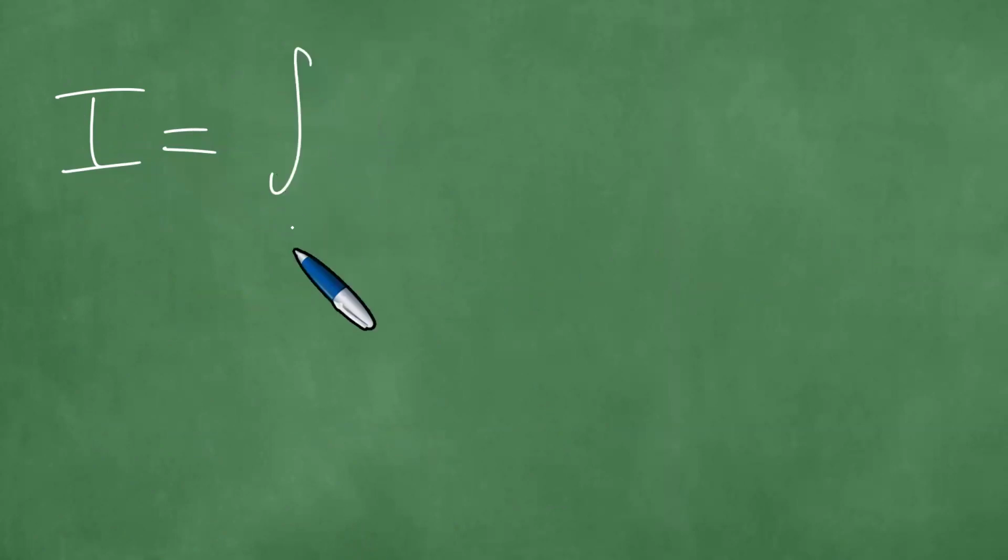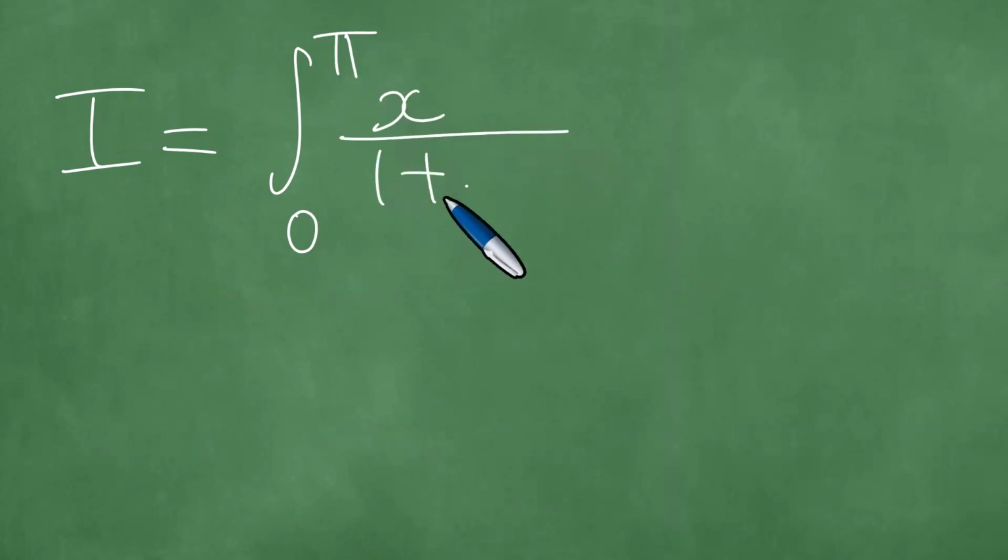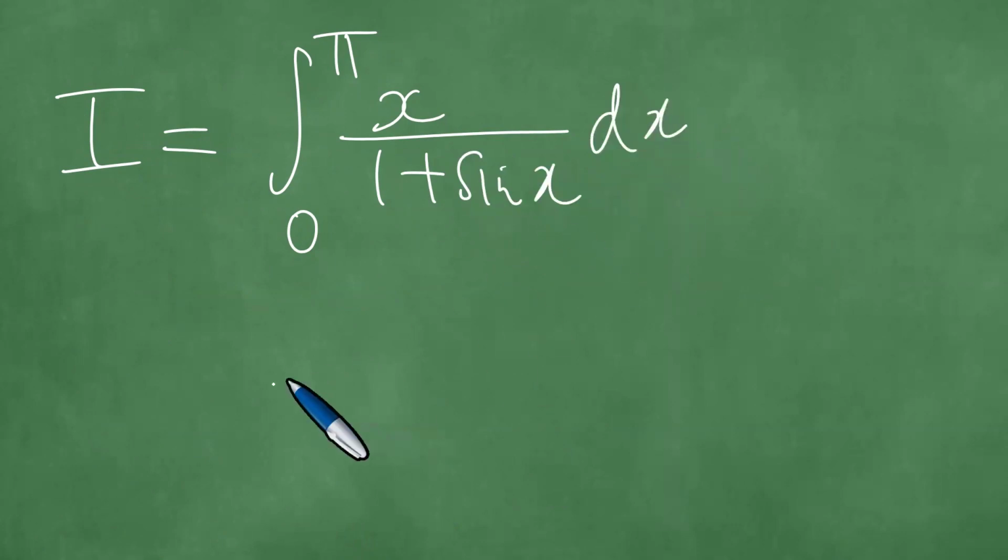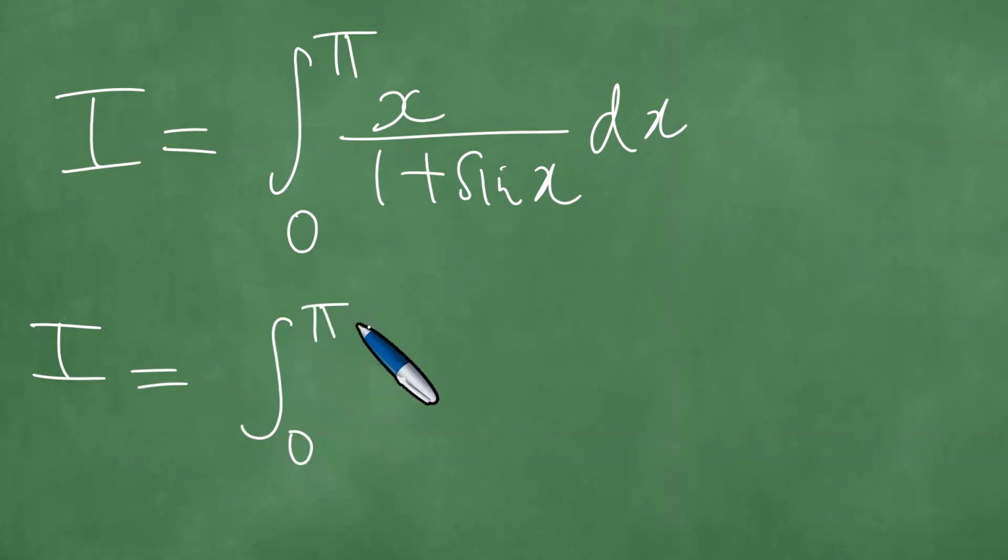becomes the integral from 0 to pi of x over 1 plus sine x dx. We remember this, and we proceed to use that property: wherever there is x, we add the two limits of integration, pi and 0, and we subtract x.